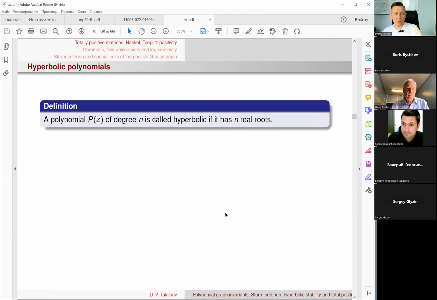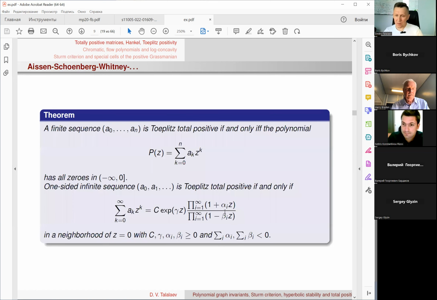Some words about hyperbolic polynomials. It was written that the sum of all betas is negative, or each beta is negative. No. All alphas and betas are positive.